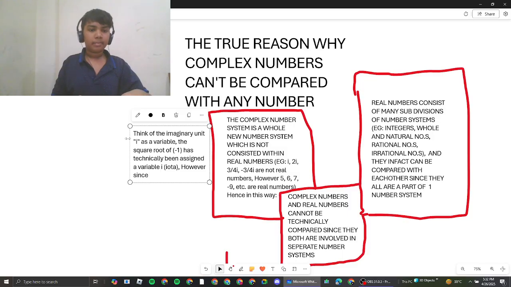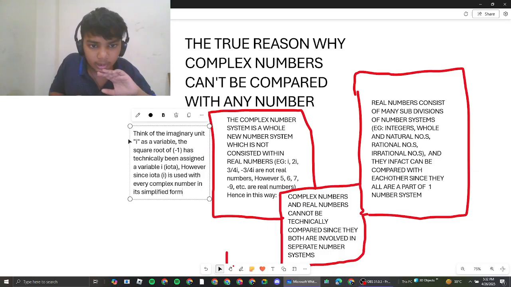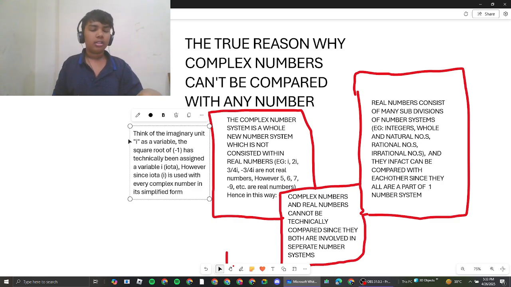However, since i is used with every complex number in simplified form, i doesn't technically show a meaningful value.